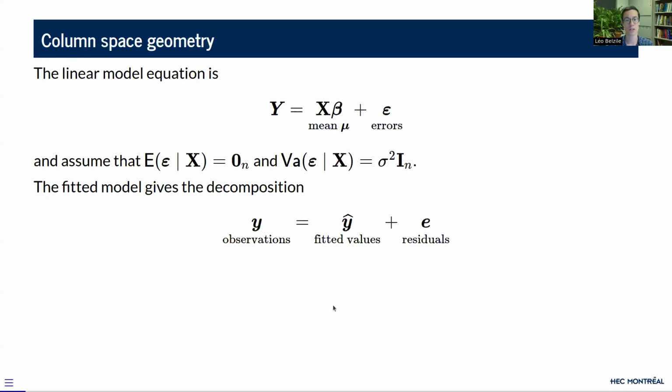Okay, so we start with the model equation. This is a statistical model. So there are two ingredients to a statistical model. The first is an expression for the average of the response as a function of potential explanatory variables and parameters.